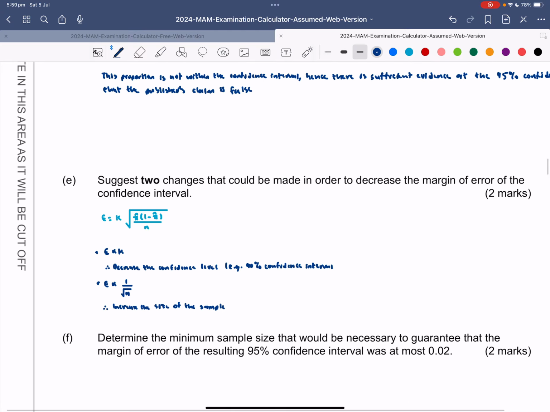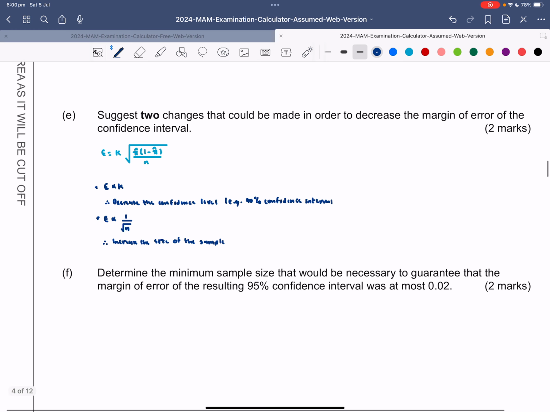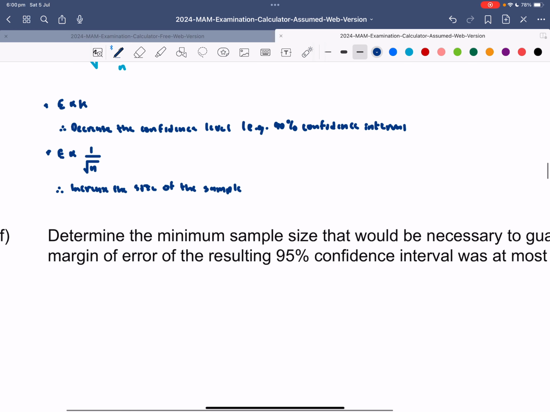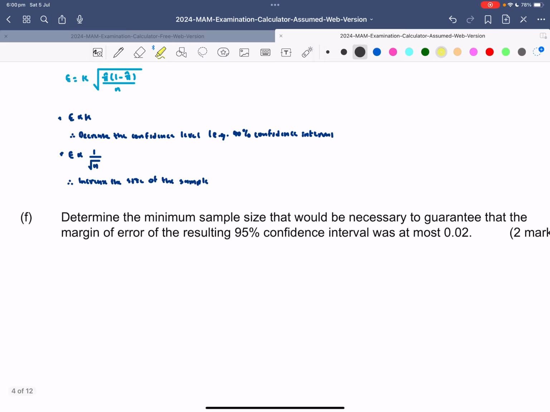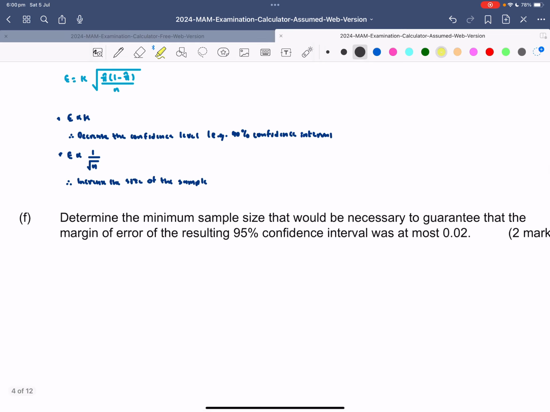Determine the minimum sample size that would be necessary to guarantee that the margin of error was at most 0.02. Now, a few keywords there. The keywords in this case are minimal sample size, and another keyword being guarantee that the margin of error is less than something.